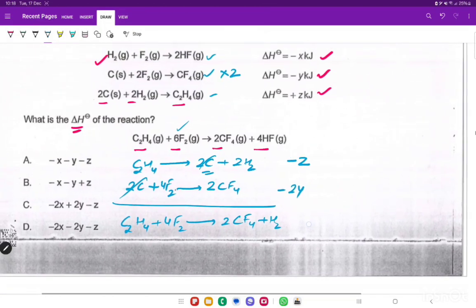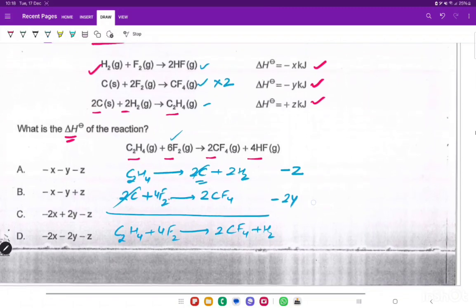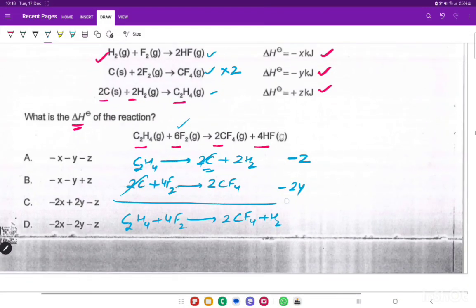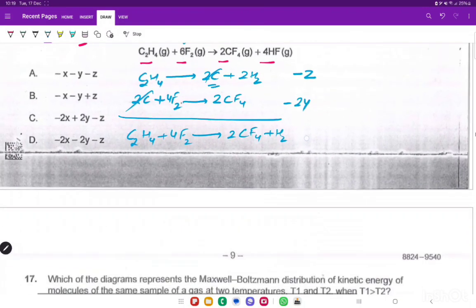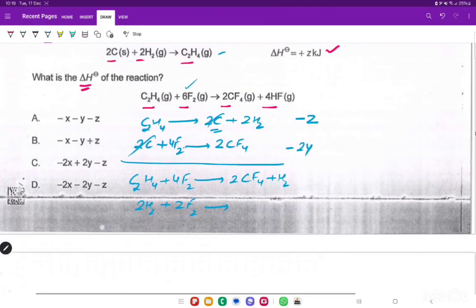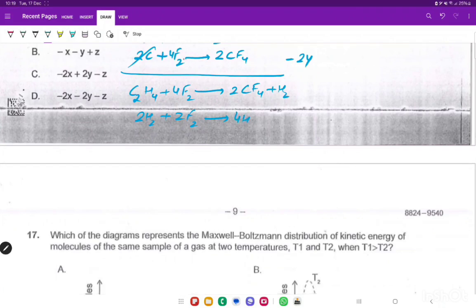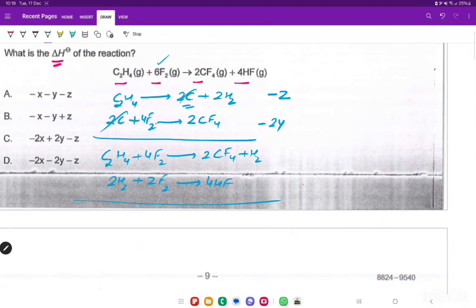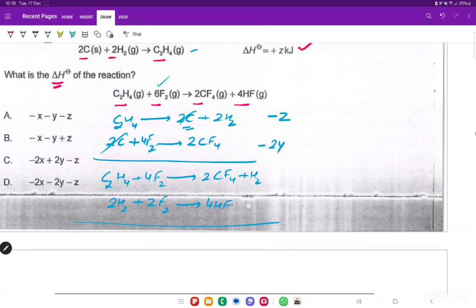Now I require 2 more fluorine, which is present in equation number 1. Multiply equation number 1 also by 2. So I will get 2H2 plus 2F2 gives you 4HF. If I add these two equations, the 2H2 is gone.